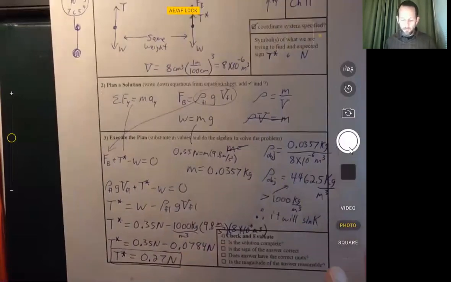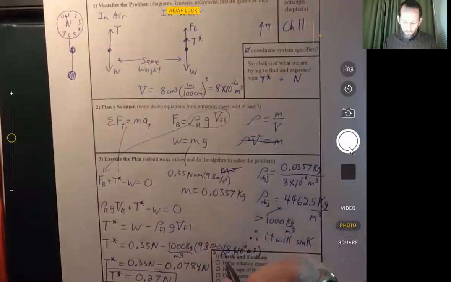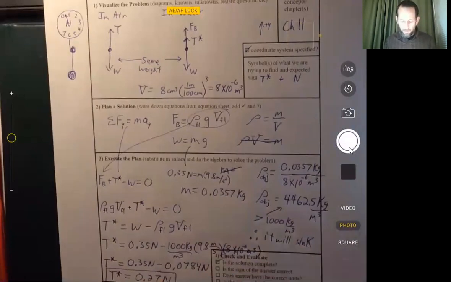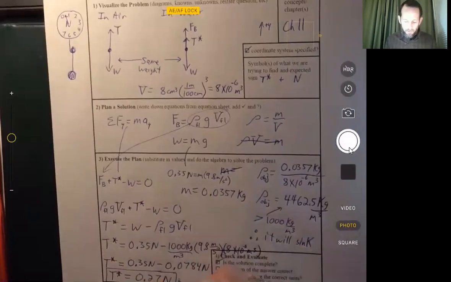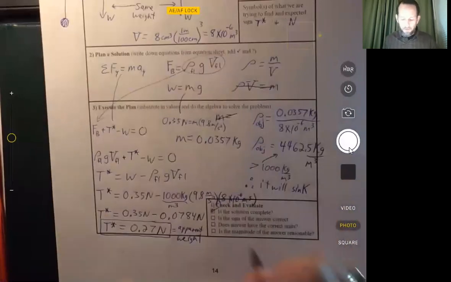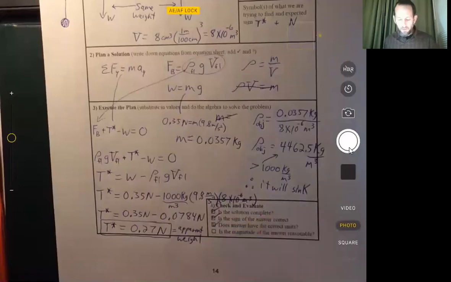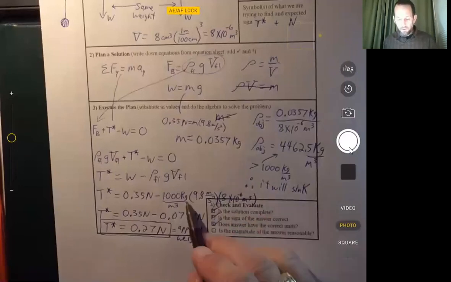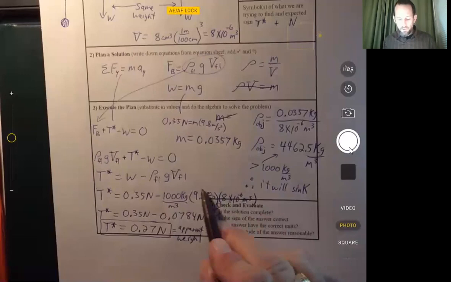Is our solution complete? It only asked us for one thing, which was the apparent weight. We can make a note that that is the apparent weight. We also put a box around it to indicate that that was our final answer. The sign did come out to be positive. If we look back at all our units, this does give units of newtons, and then newtons minus newtons.